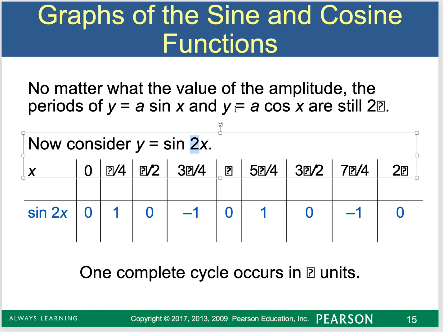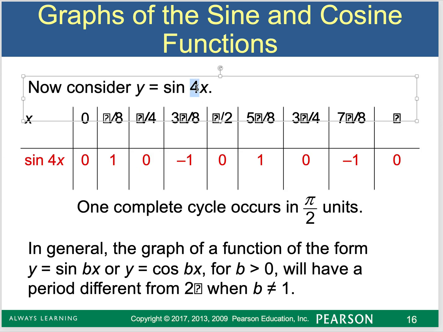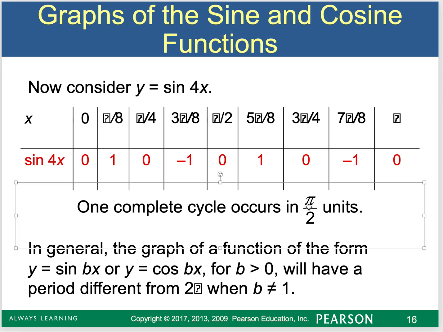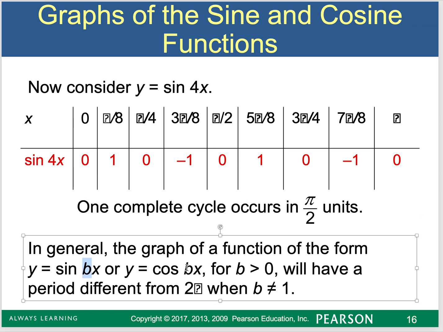So if I have 2 pi over 2, my period is now pi, not 2 pi. In this example, I would have 2 pi over 4, which would become pi over 2 for my period. So when we're using the period, we're using the number in front of x, not the number in front of the function.